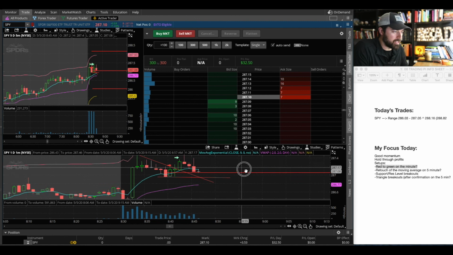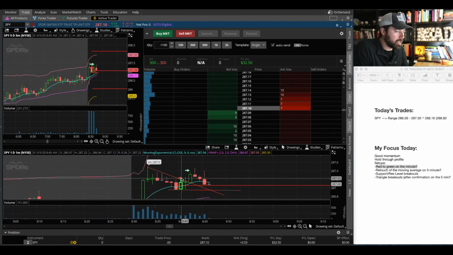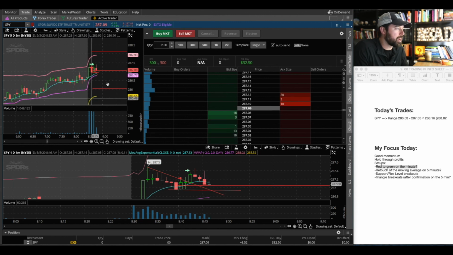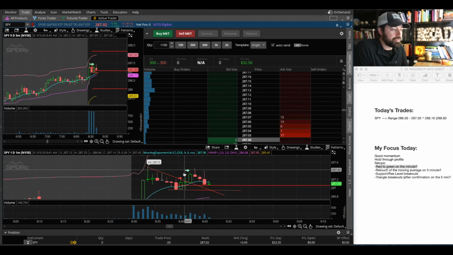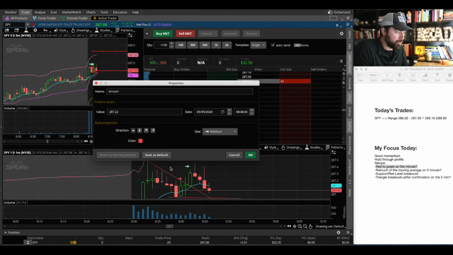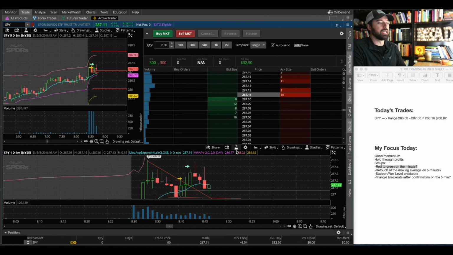So here we go, we're bouncing off it again. We'll see what happens, if it's going to break up or down. But if you can make a side hustle out of it, you can probably make a job out of it at least. And then if you can make a job out of staying profitable, then you can probably make a career out of it. That's what I'm trying to do, trying to trade.